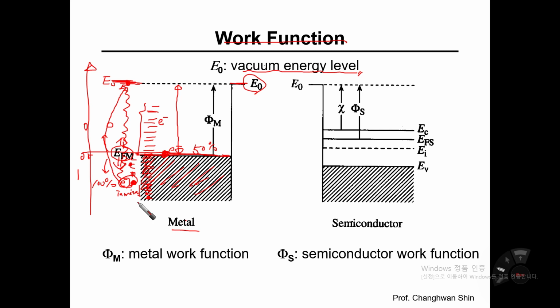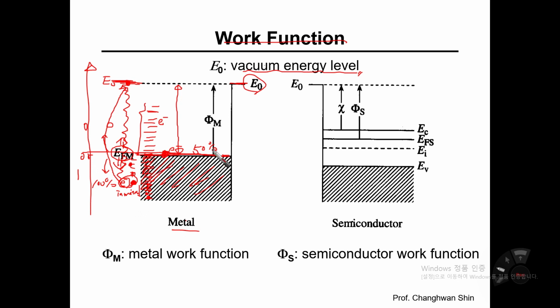It is freed out, so it becomes a free electron far away from the matter material. In other words, we have taken out the electron from the matter.